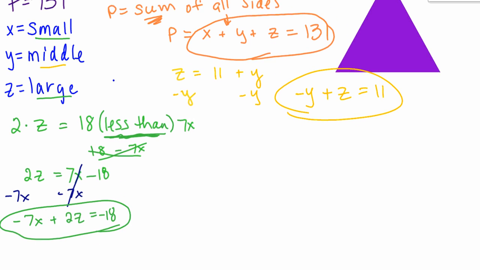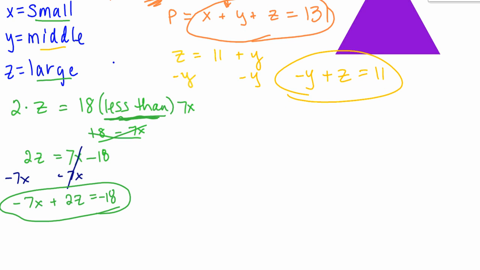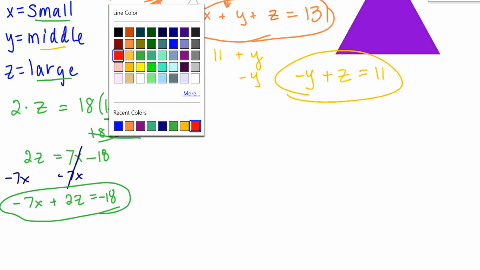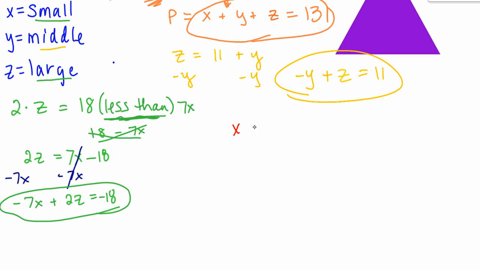We've got three variables, so we need three equations and we can write our system out. So x plus y plus z equals 131. Negative y plus z equals 11. Negative 7x plus 2z equals negative 18.